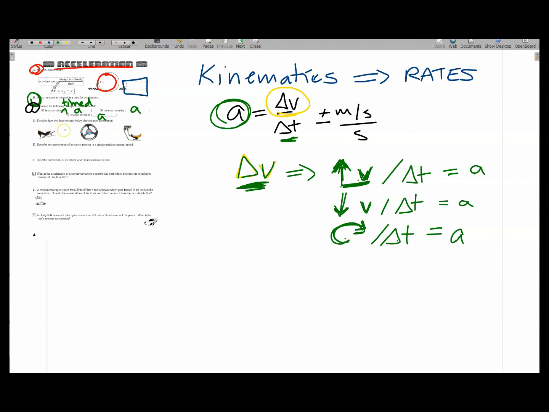All right, describe how the 3 pictures below demonstrate acceleration. The classic gas pedal, more properly known as the accelerator pedal, is an acceleration in that we could time how fast we went faster.